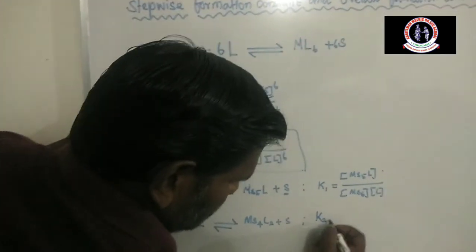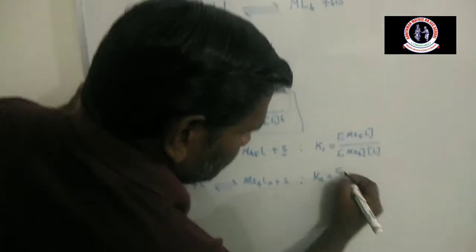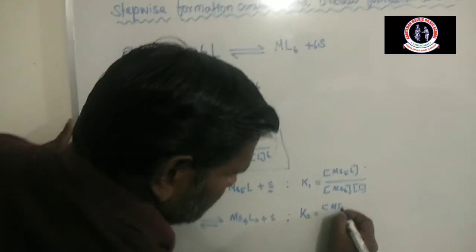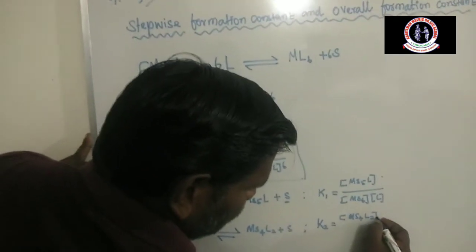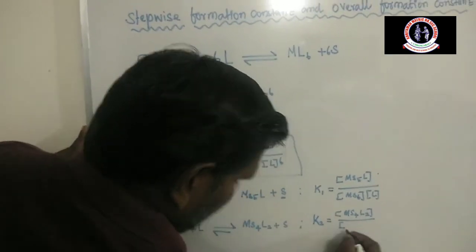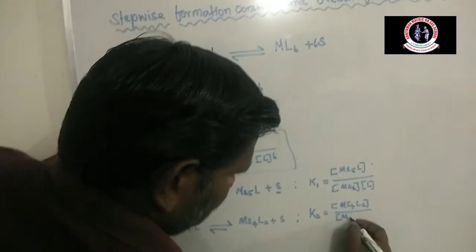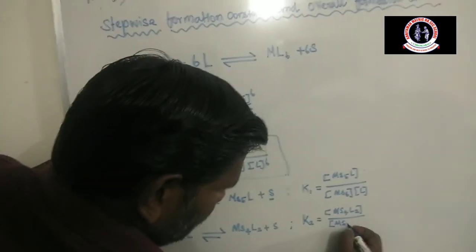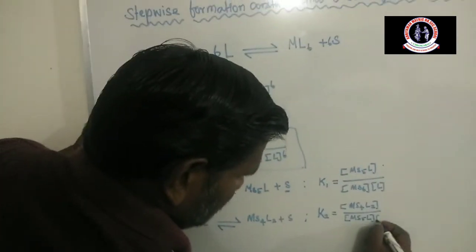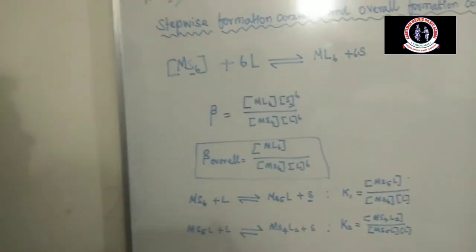Step 2, K2 is equal to MS4L2 divided by the concentration of MS5L into the concentration of L.